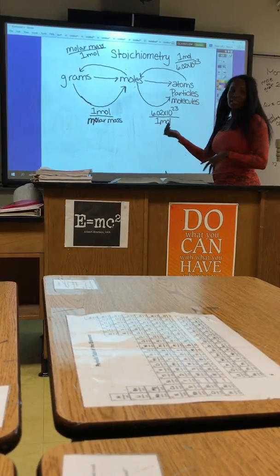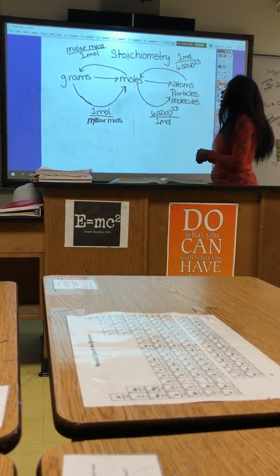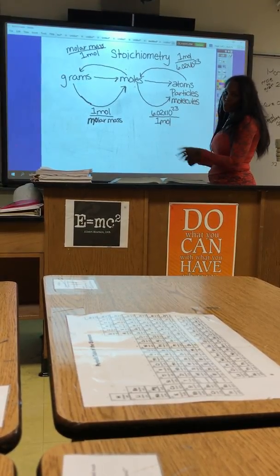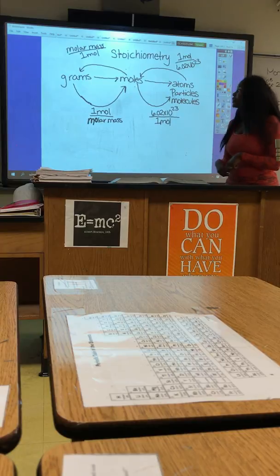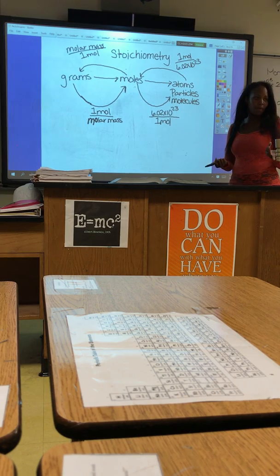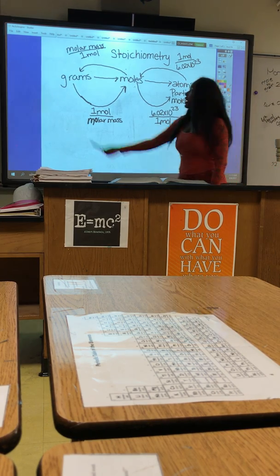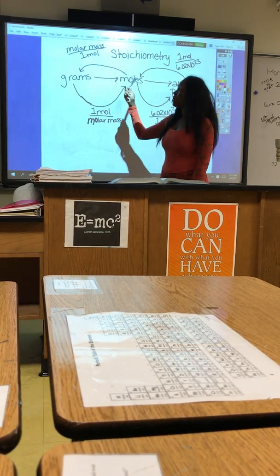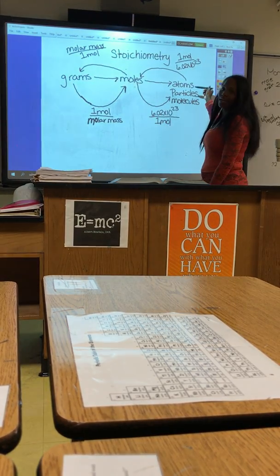So right here, as I was saying, this illustration tells you everything you need to know in terms of stoichiometry. The way you read this is relatively simple. All you have to do is follow the arrows, okay? First off, we're focusing on our grams, our moles, and our atoms.